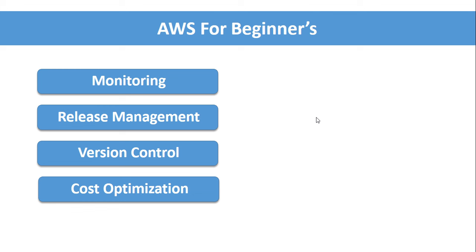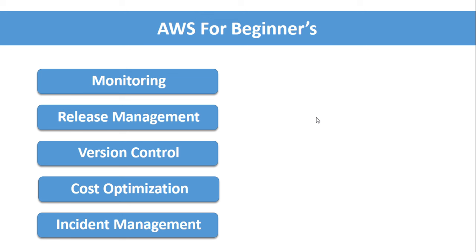Incident management: let's say you have a production environment and you get some alerts. You might be personally monitoring the infrastructure, or in a different situation, a level 1 team, L1, might report that there is an alert they received. In that situation, you do the troubleshooting as part of incident management.